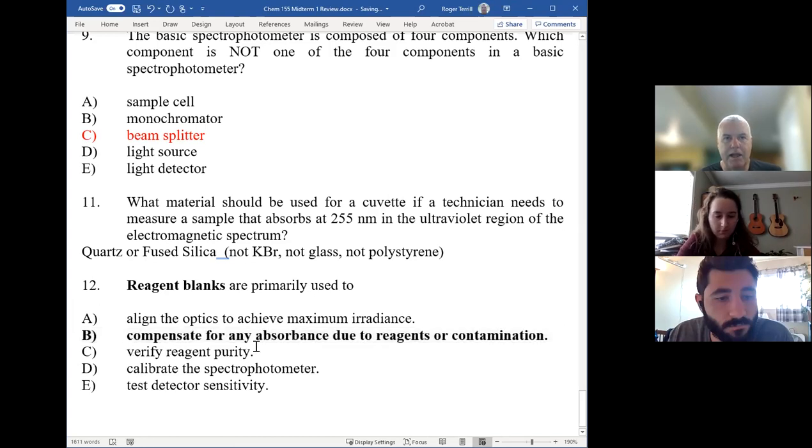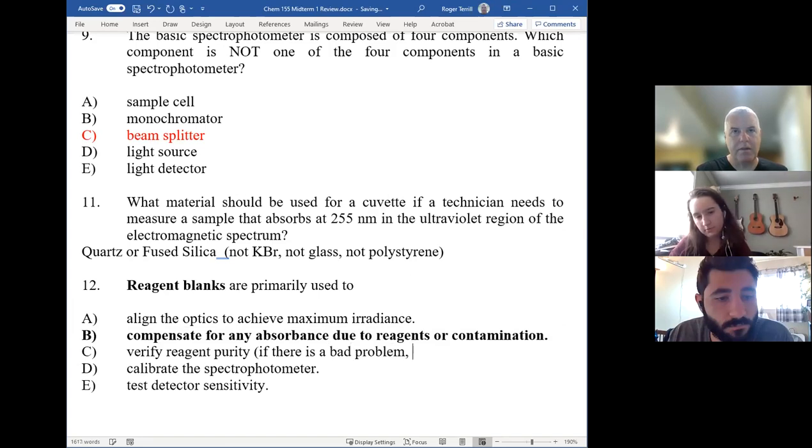You might have some idea if there's a terrible problem with purity, right? But this is not the primary use.